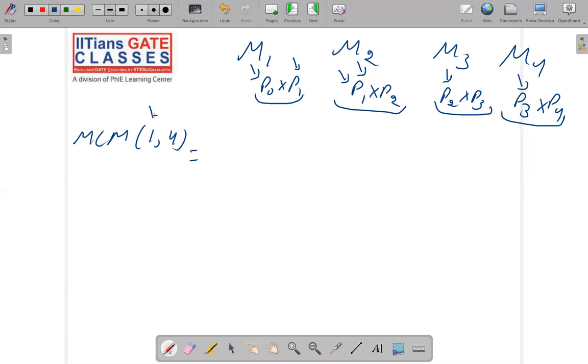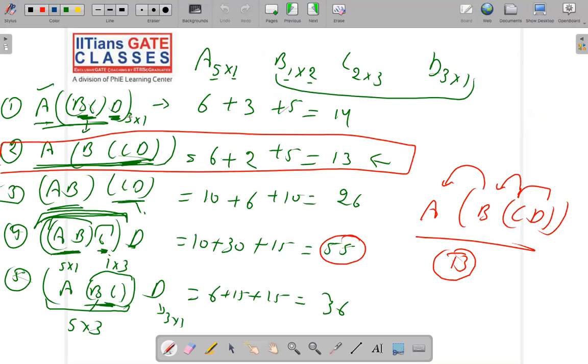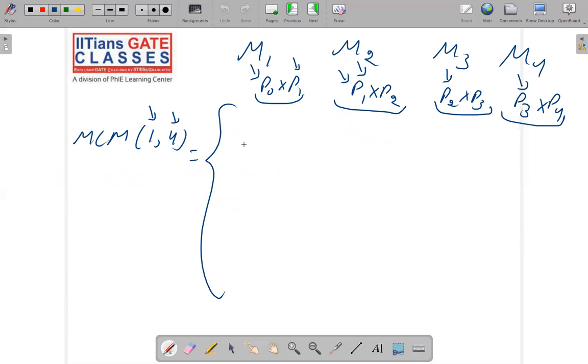So we are passing all the 4 matrices, 1 to 4. If we pass 1 to 4 matrices, how many options do we have? We have seen that. I'm generalizing those. We have options like MCM of 1, 1. 1, 1 means we are not doing anything, we are just passing a single matrix.